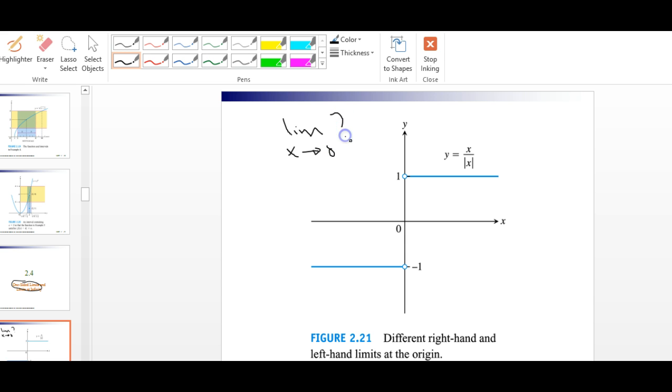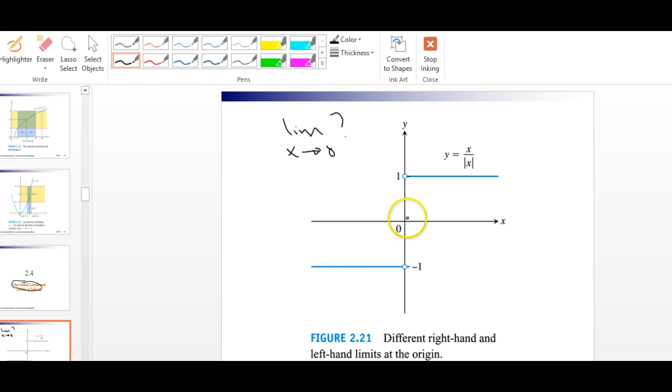In order to do that, let's approach 0 from the left. When x is approaching 0 from the left, what is happening to the graph? The graph is at negative 1 and it keeps at negative 1. As x grows close to 0 from the left, the graph is going to negative 1.